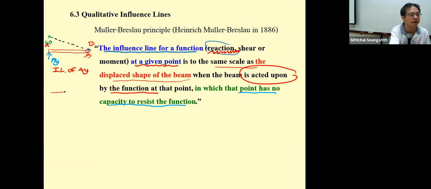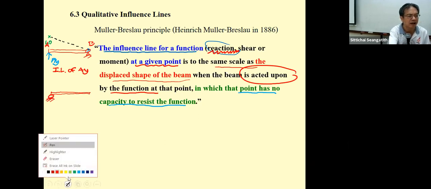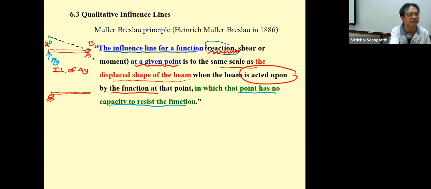If you prefer to draw the influence line of B sub y, you do the same thing. You must release the resistance to B sub y. That means over here is a pin, right? It still has the resistance for B sub x, even though B sub x is 0.